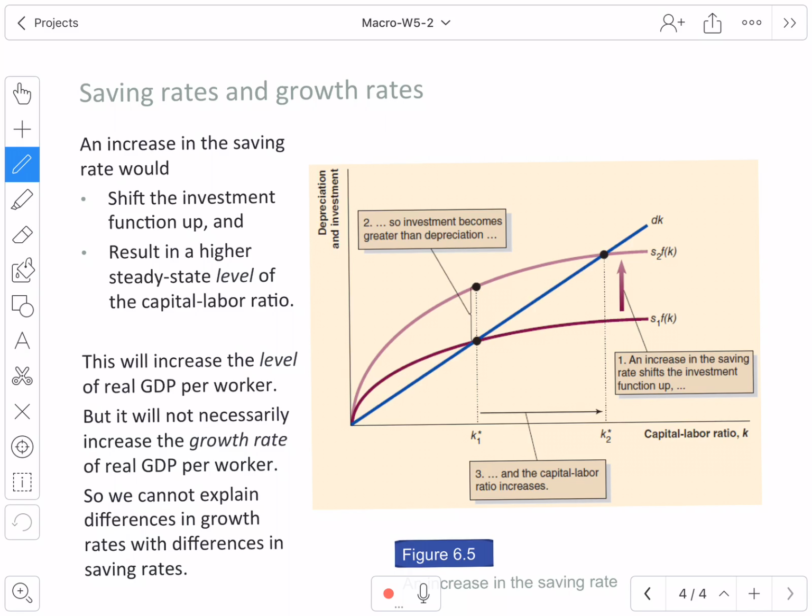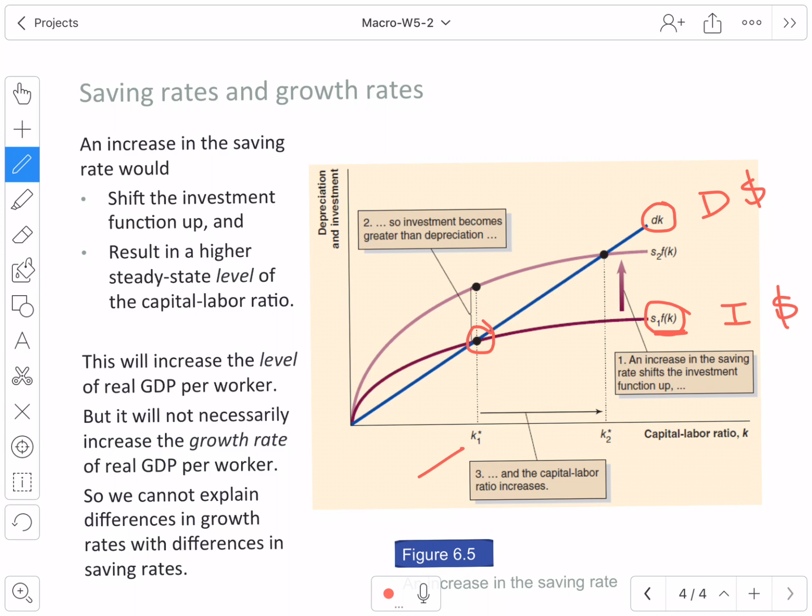Graphically, we said in the first slide that this is the level that we want to reach, which would give us an equilibrium between investment and depreciation. So this whole thing, write it as investment. This whole thing is depreciation. Those are in dollars, not percentages.